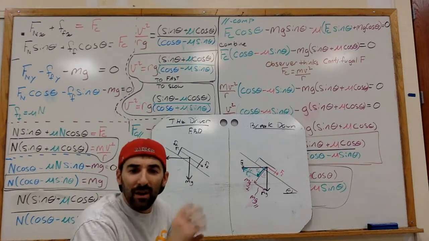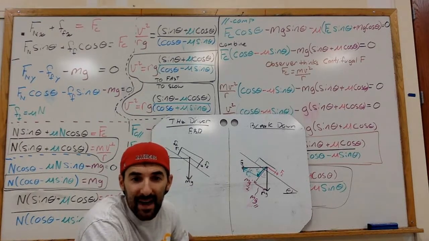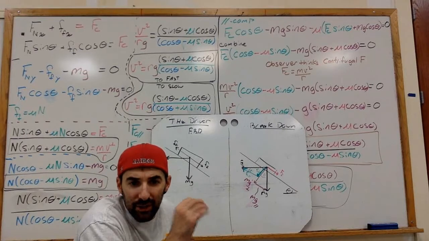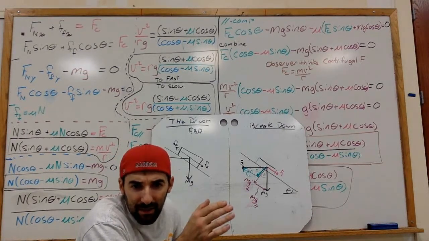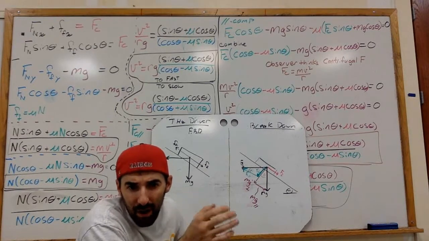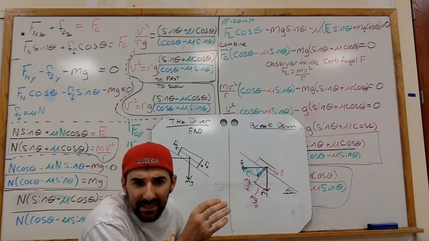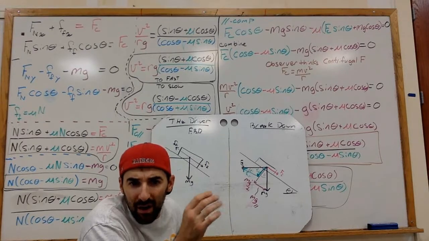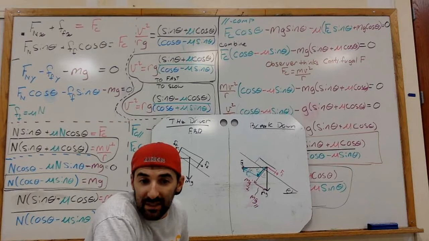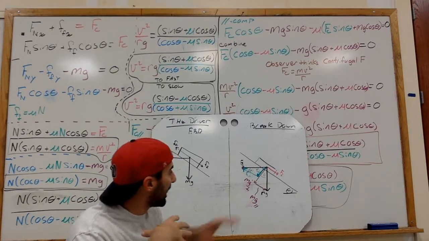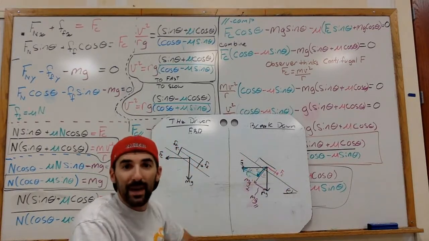So since the car, again, isn't going to slip, the net force, thus the acceleration, all of that has to be 0. This means that all the forces parallel to the surface of the road must be 0. The sources of all of the acceleration are the weight of the car and the centrifugal force it feels. So to deal with all that, I have to break all of this back into components.